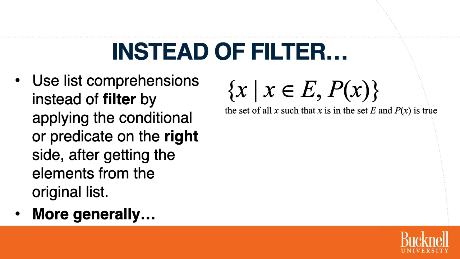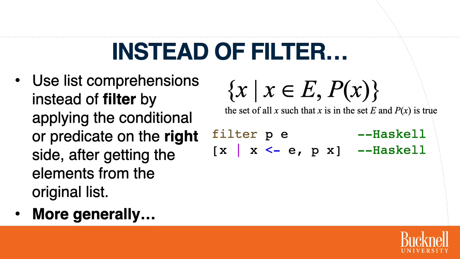More generally, given, say, the set of all x such that x is in the set E and p of x is true, where p is a predicate, that is, a function that returns either true or false, we can say filter p E, or we can say x such that x is an element of E and p of x is true.